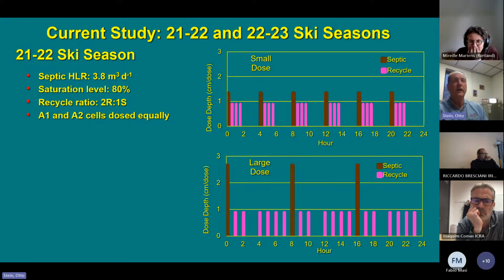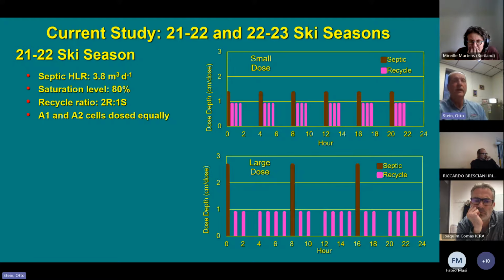Essentially, we had 18 recycled doses of 0.8 centimeters. In the first half of the season, we had relatively small septic doses and more of them. In the second half of the season, we had a much larger septic dose. So the only thing that was different was the size of the septic dose that we put onto the system. Everything else was the same.